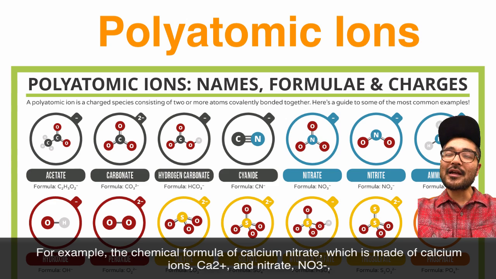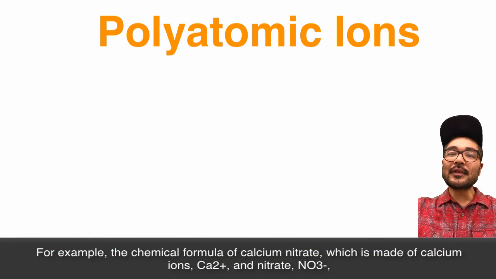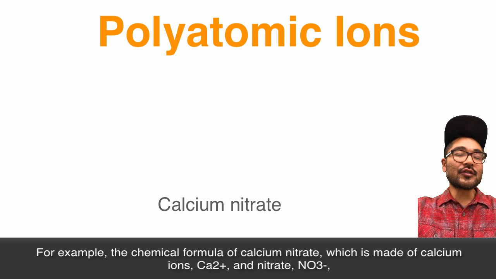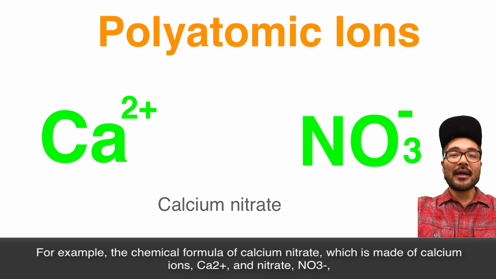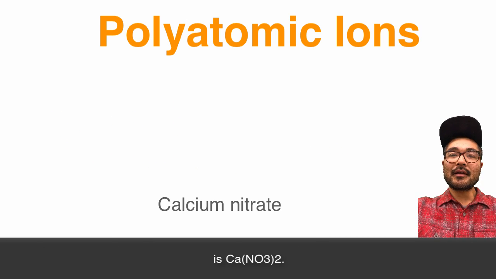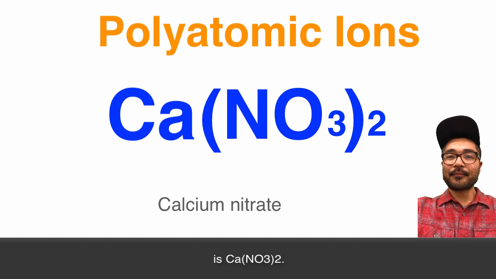For example, the chemical formula of calcium nitrate, which is made of calcium ions, Ca2+, and nitrate, NO3-, is Ca(NO3)2.